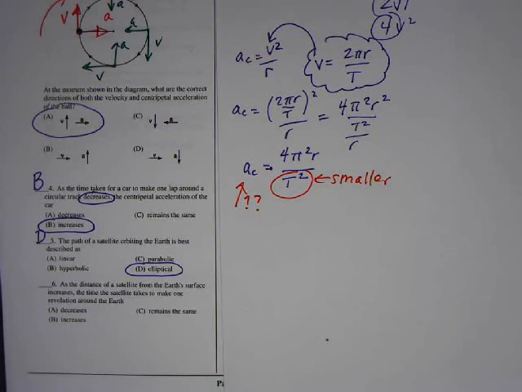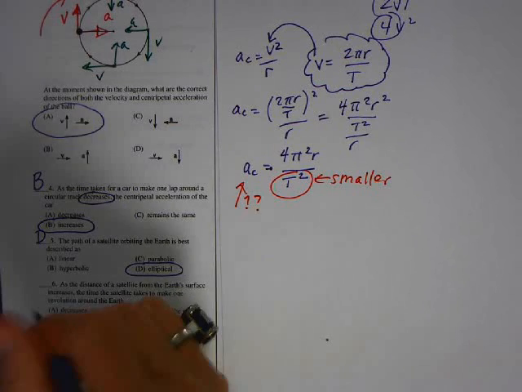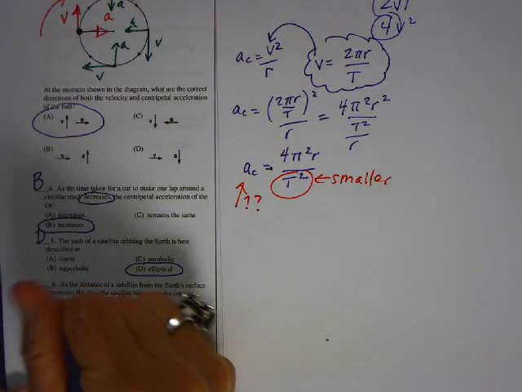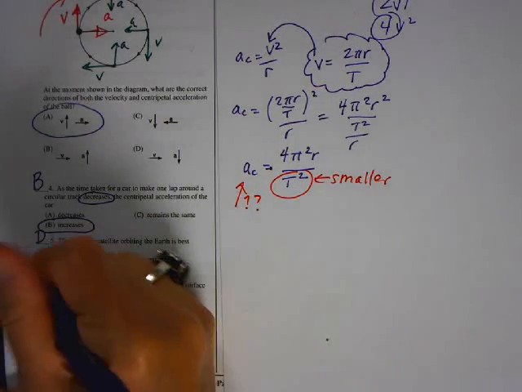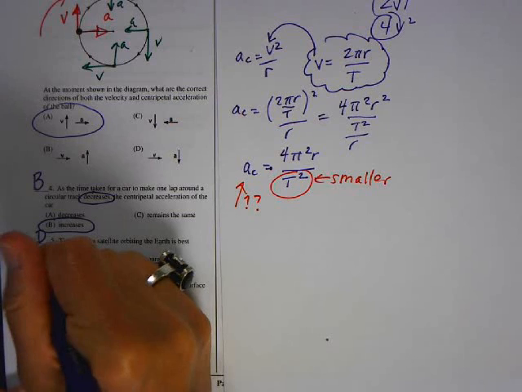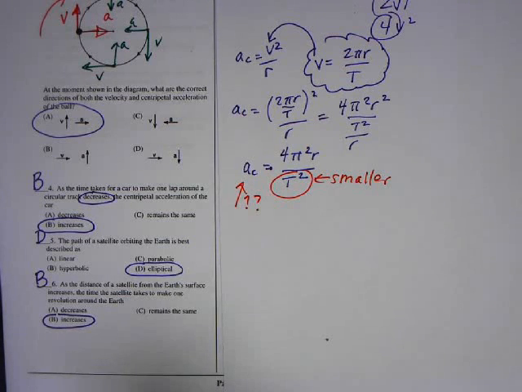Number 6, as the distance of a satellite from the Earth's surface increases, the time it takes the satellite to make one revolution increases. Now, we could look at the equation.